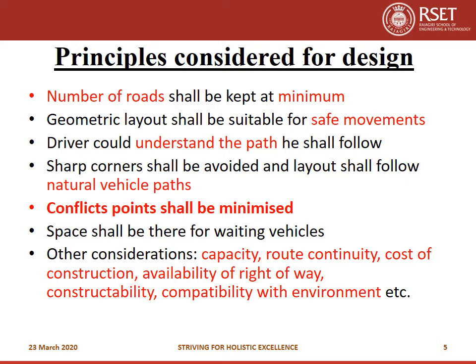For that we can use channelizing, staggering, consideration of visibility triangle, radii of curves within permissible limits, etc. Another important thing is conflict points shall be minimized at the intersection. In some type of intersections, crossing conflicts are zero. These are some other considerations.